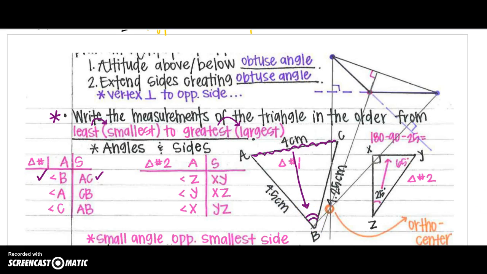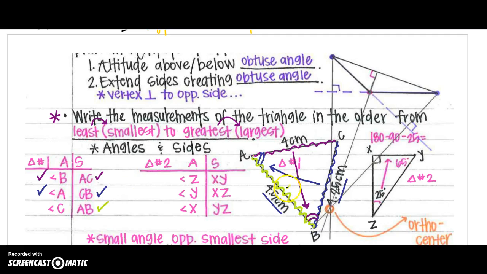Next, I need to go to the medium. So 4.5 or 4.25. Well, I know 4.25 is the next smallest. So BC or CB would be my next side. Across from angle A would be my medium angle. And then last, AB is the biggest side.